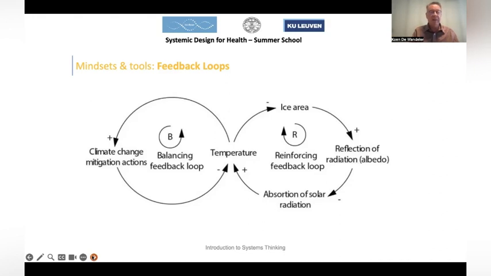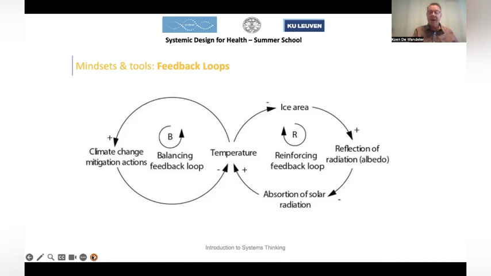But on the other hand, we also have reinforcing feedback loops. If the temperature rises, the ice area at our poles is reduced.